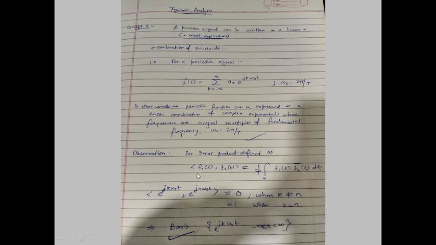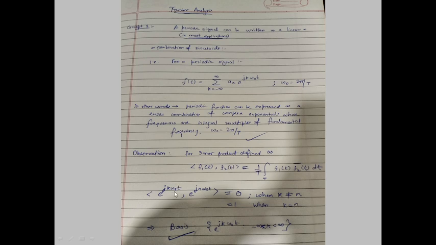Now, using the definition of inner product as 1 by T times the integral of the first into the complex conjugate of the second, we observe that if we take the inner product of two sinusoids of different frequencies, integral multiples of the fundamental frequency, the inner product is 0 for those not being equal and equal to 1 for those being equal, that is k equal to n.